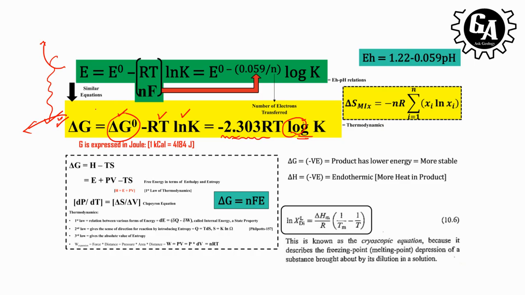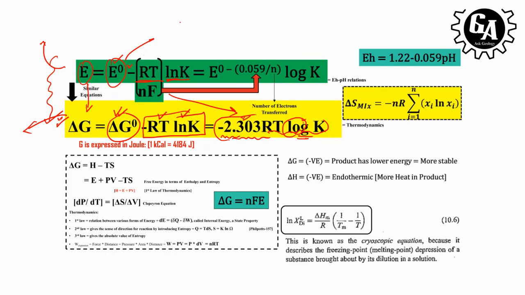For E, it is a similar equation: E0 minus RT ln K, or if we consider the logarithm, 2.303 RT log K. So in this case, E0 minus RT divided by NF ln K. This is basically the equation we will be using to solve this numerical.